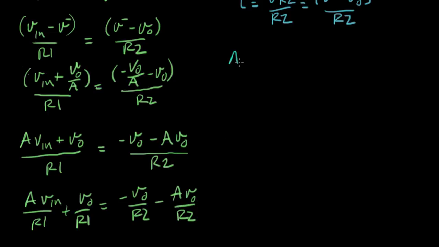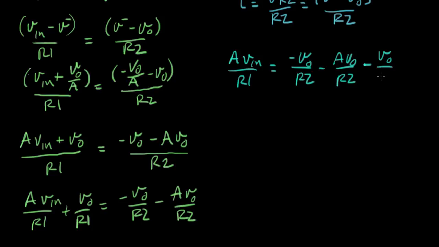So we get A V in over R1 equals minus V out over R2 minus A V out over R2, and this term comes over as minus V out over R1. Okay, haven't made any sign errors yet.